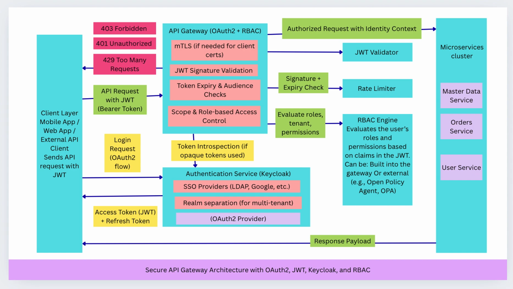Is this user allowed to perform the requested action? For example, delete, get. This logic can be inline in the gateway or delegated to Open Policy Agent, OPA, or a similar policy as code engine.